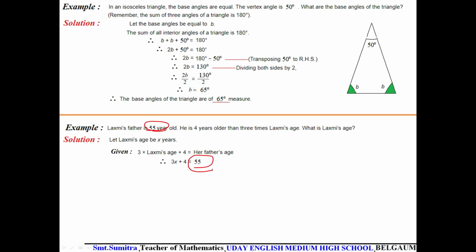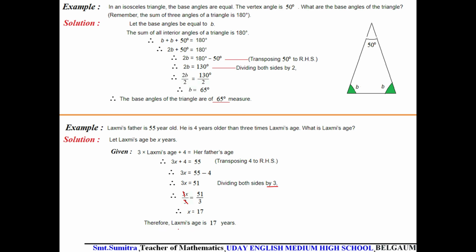Therefore, we transpose 4 to the right hand side. 55 minus 4, 3x is found to be 51. Then we divide both the sides by 3. And after cancellation, we get x equal to 17. Therefore, Lakshmi's age is 17 years.